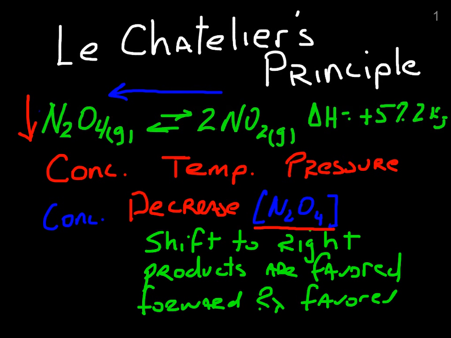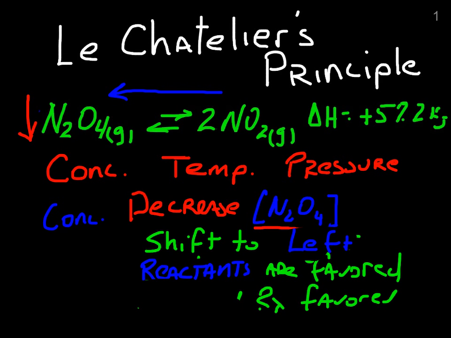So instead of shifting right, it's going to shift left. Instead of the products being favored, we would say the reactants are favored, because there's going to be less. And instead of the forward reaction being favored, we would say the reverse. Okay? So it's just opposite. So that's when I'm fiddling around with concentration.